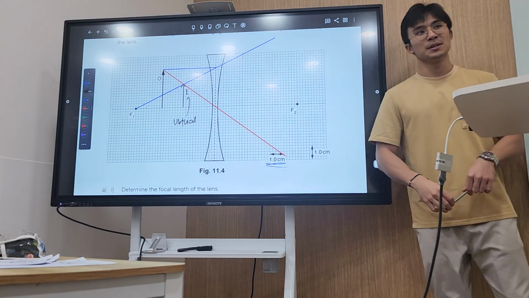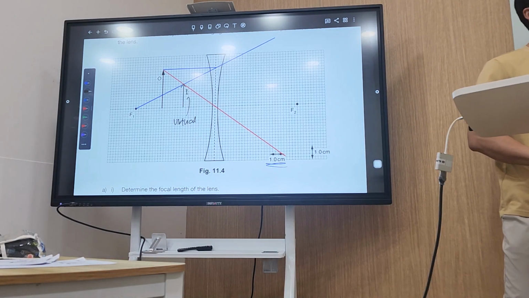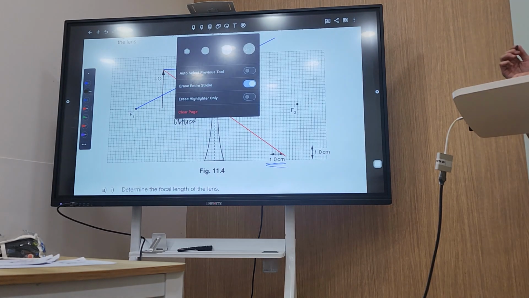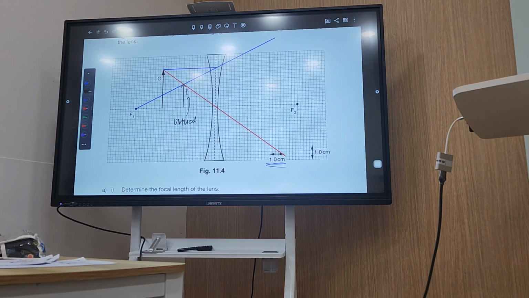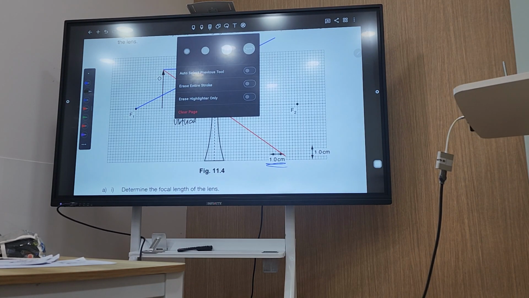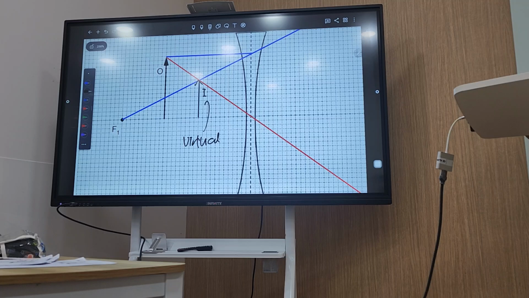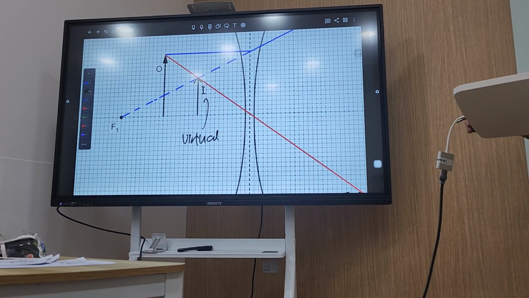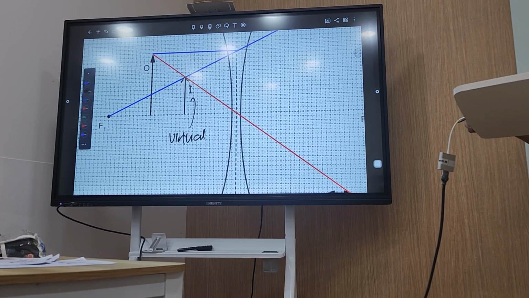Given that it's virtual, that means the rays that form it also don't exist. So take your eraser. If you use a pen, get your correction tape ready. We are going to shade this part here.